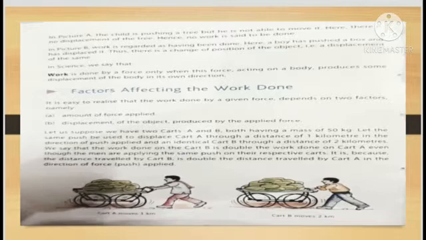Page 158 is all about the definition of work and the factors affecting work done. It also includes the comparison of the two persons having the cart and how we will verify with this situation that work done depends upon the amount of force applied and displacement.